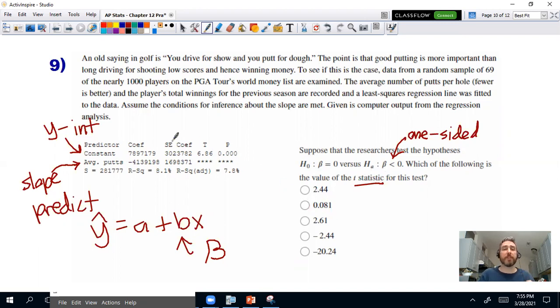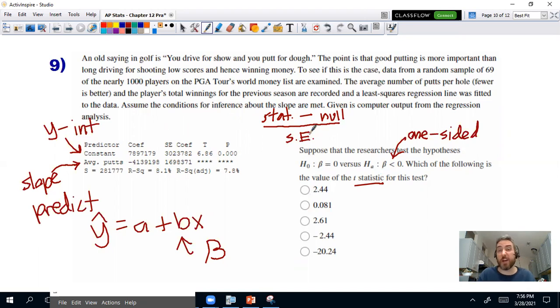The test statistic, how do we get that? If you think about any test statistic, you take your statistic minus your null over your standard error.